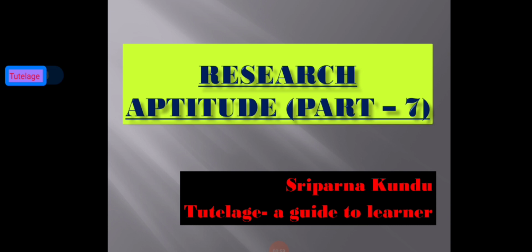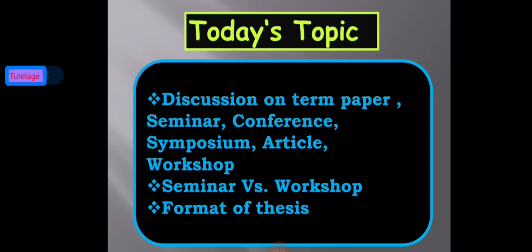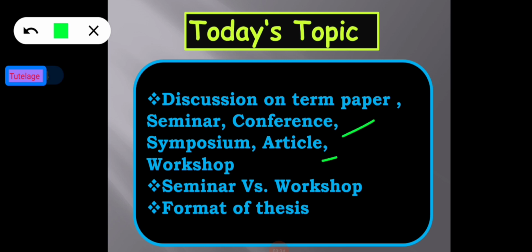But today we are going to discuss some important topics in this chapter. So now, learner, move on to the next slide and let's begin the session. So here we can see some topics which we are discussing today. The first topic is discussion on term paper, seminar, conference, symposium, article, workshop, and we all know that research papers can have different forms.